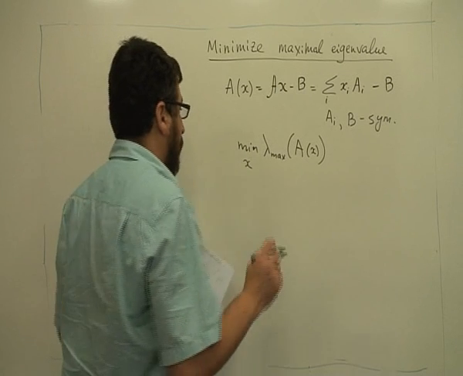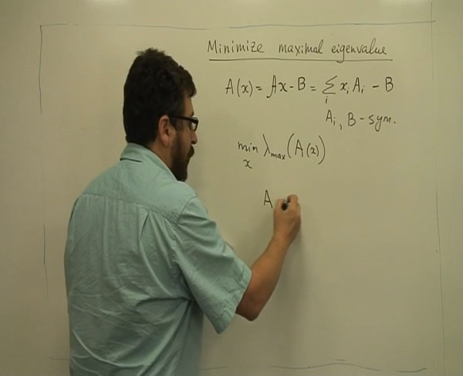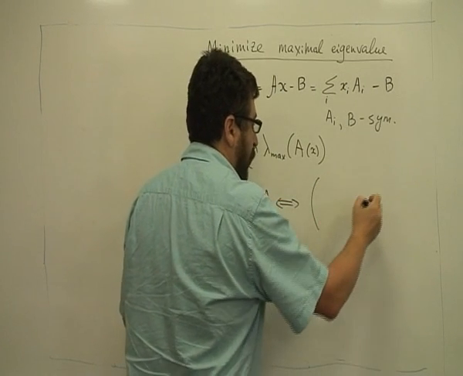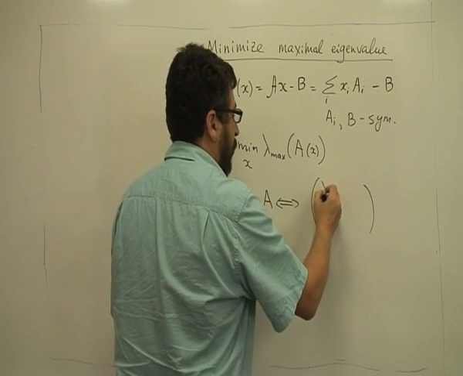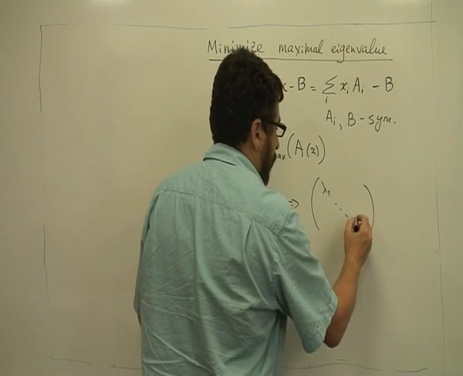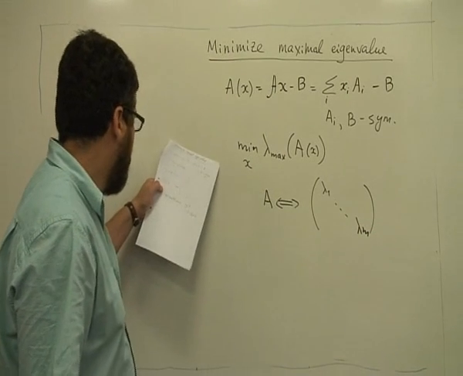So suppose that matrix A has eigenvalues. I will put them into a diagonal matrix, lambda 1 till lambda m.